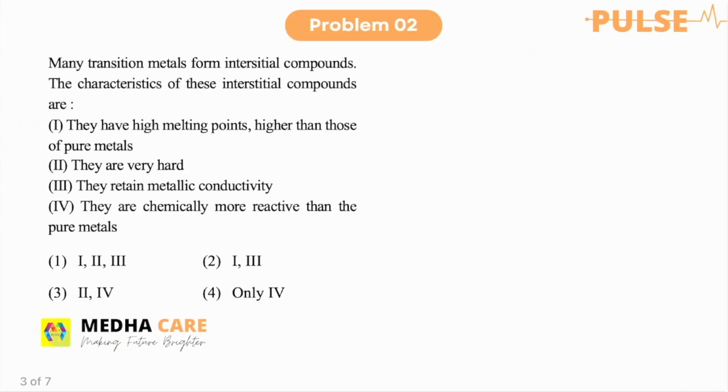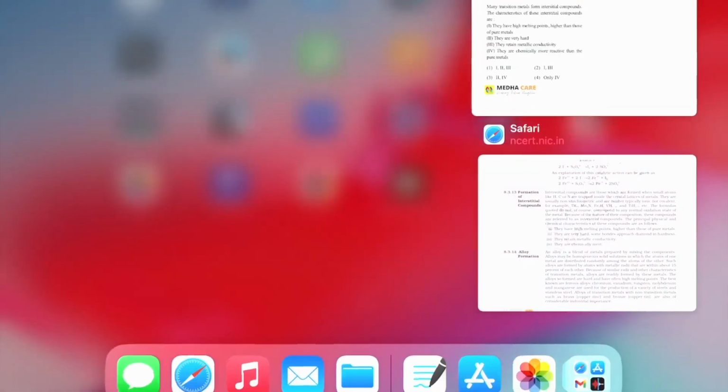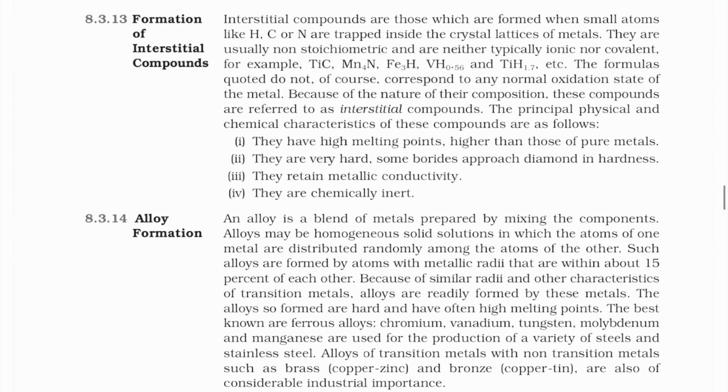Next, see question number 2. It is directly from the lines of NCERT. Many transition metals form interstitial compounds. The characteristics of these interstitial compounds are, so let us see from NCERT. It is written here.